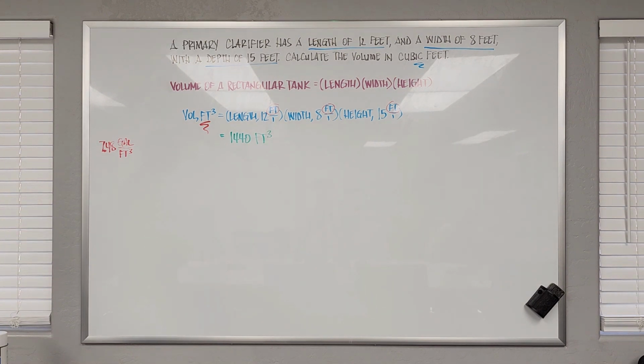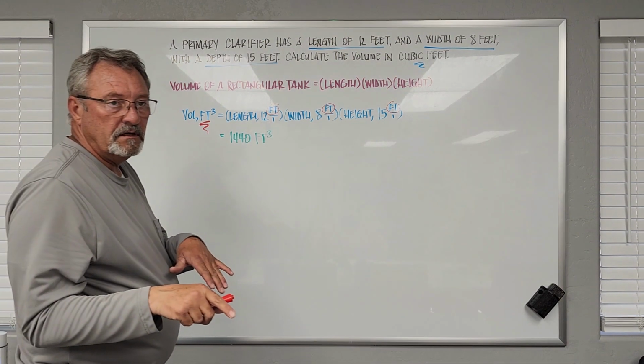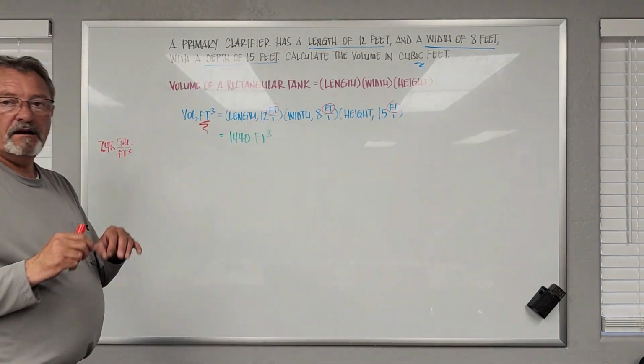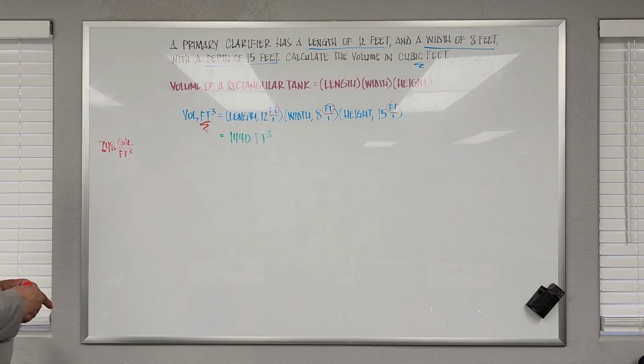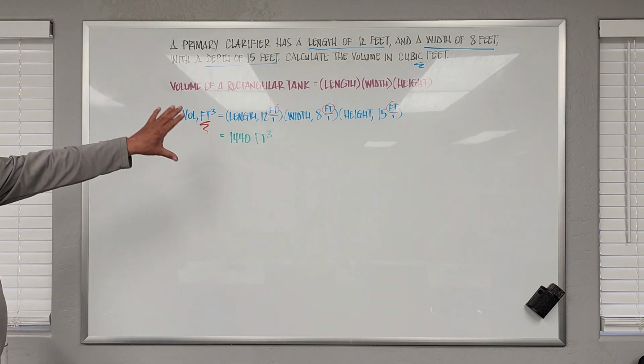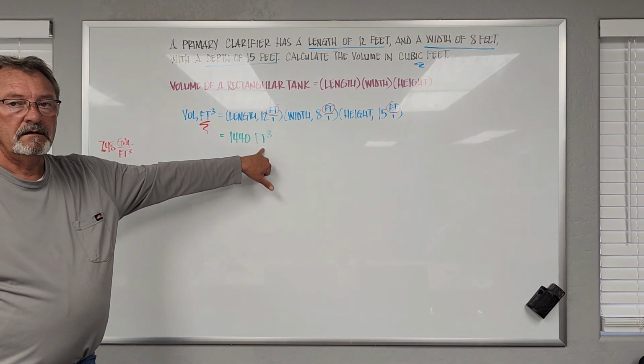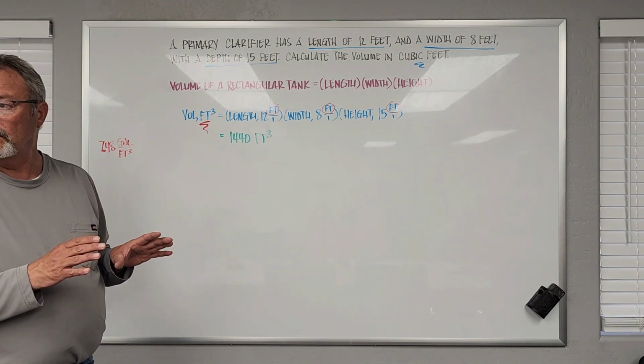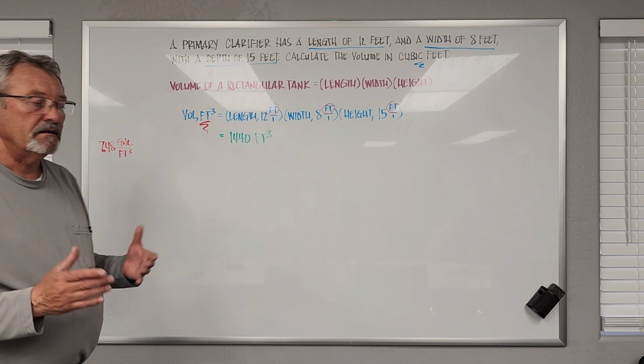That's a constant. It's in your ABC math formula sheet. There are 7.48 gallons for every cubic foot of water. So because I just solved this for cubic feet, I can very simply take that number, multiply it by 7.48, and I'm going to get the volume in gallons.